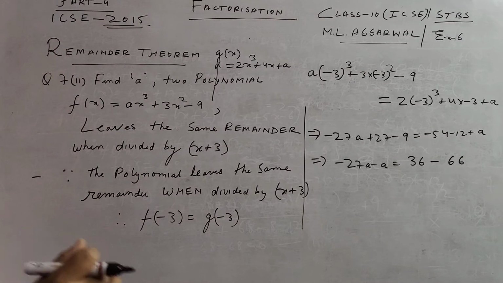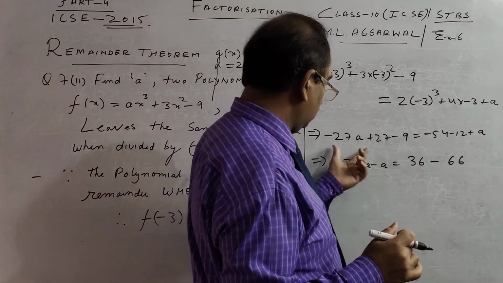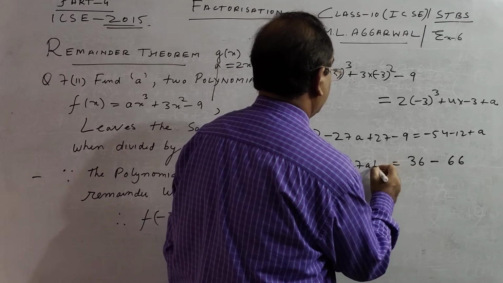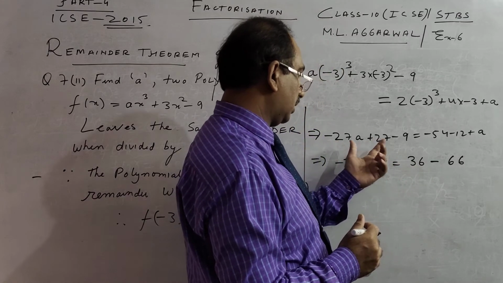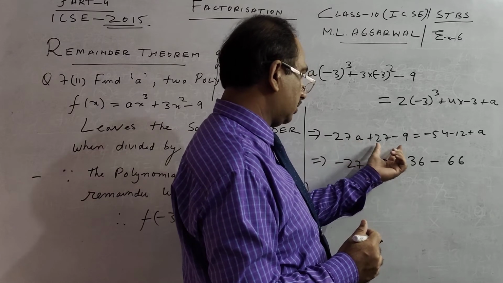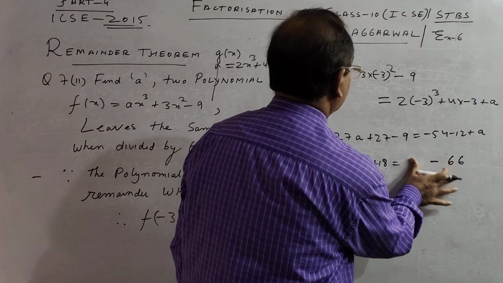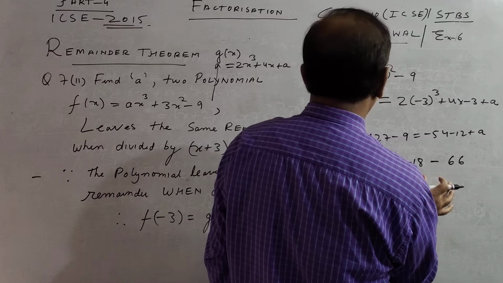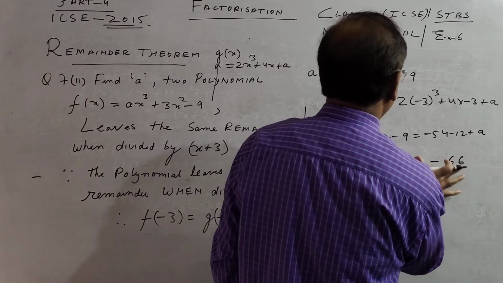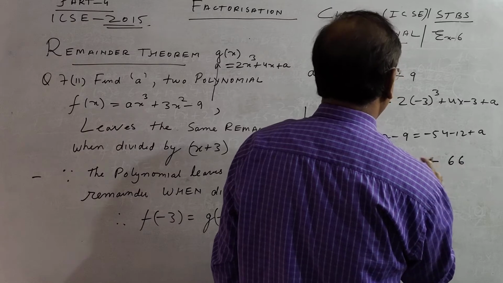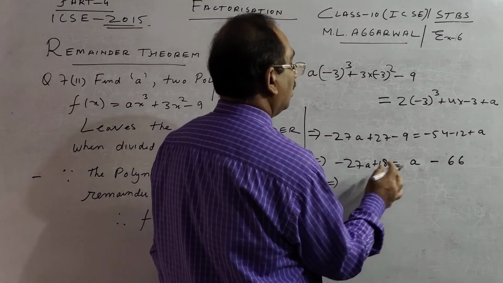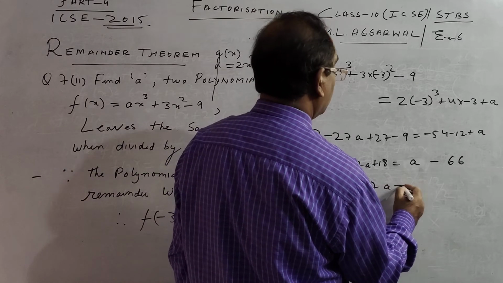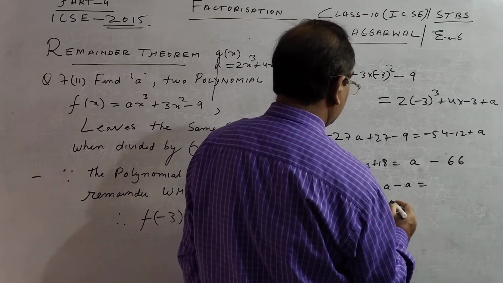So see, children, this was 27. So this will be 27 minus 9. This will be 18. I was thinking 27, so this I have already taken. So this is 18. So here this will become minus 18 when it goes to that side. Anyway, let it be a only. This is the next step I'll do. A is here, and this side we get minus 66. So minus 27a minus a, this side we will get minus 28a.